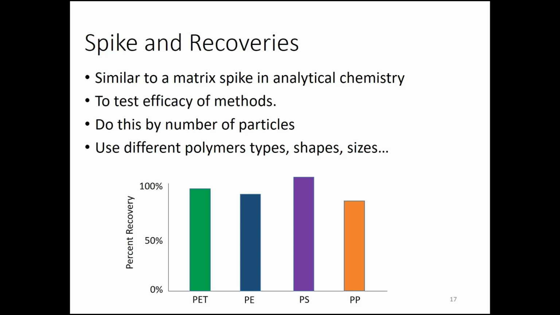And if it's stormwater, we get some RO water and add some dirt and leaves from outside. And then we add plastics of a known shape, polymer type, and color of a known count. And we usually do 4 or 5 different types. And then we do the extraction and we look at our recovery. And then once we feel good about that, we proceed using that method.